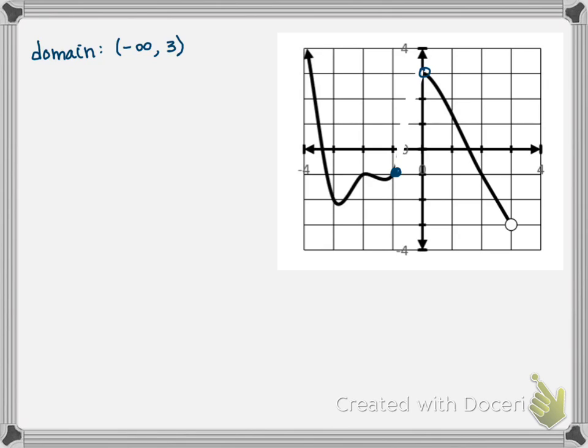If I pick a number right here, I never hit the graph. And so that's a horizontal jump. I've skipped x values, in which case we would have to do the interval from negative infinity up to -1, and then another interval from 0 to 3. Does that make sense?